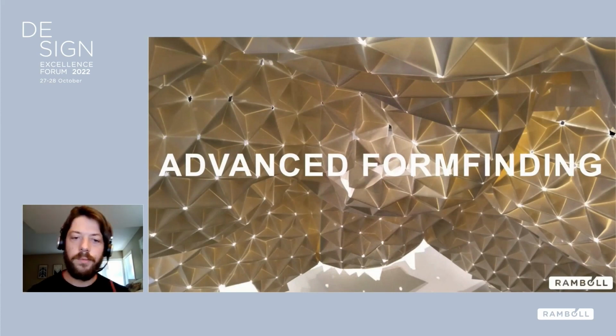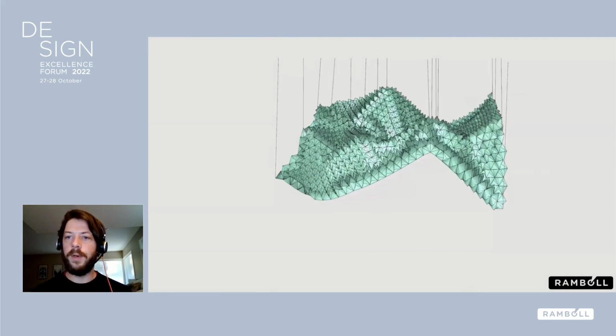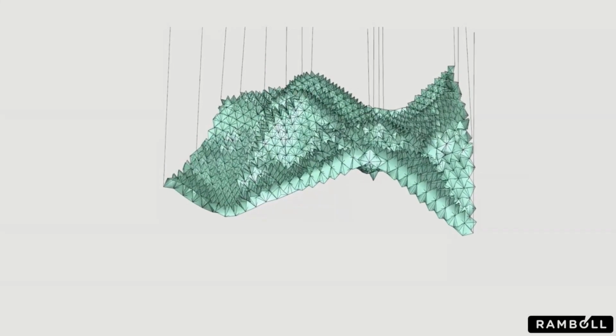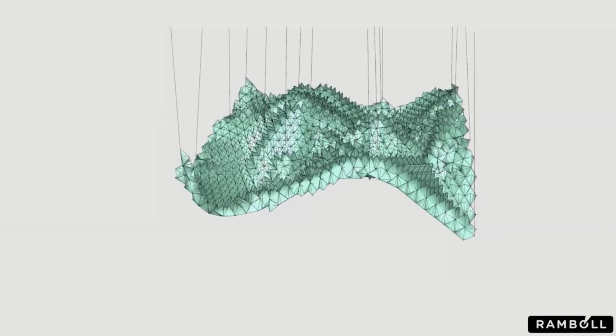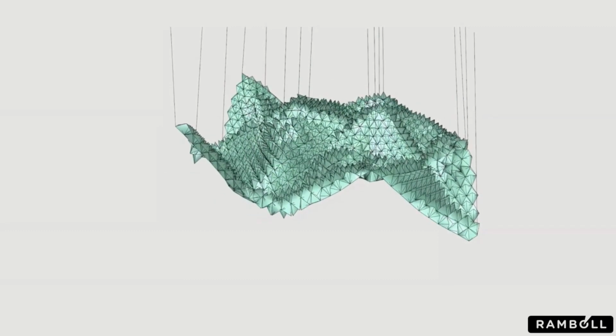We also developed techniques and strategies which allowed us to delve deep into form found and very non-linear form found structures. This one is at the smaller end of the scale. This is a paper sculpture in London, and we developed an approach called simulated reality, where we built physical test models to assess the real performance of the sculpture, and then we tuned a computational design model to the physical results, resulting in this behavior here.